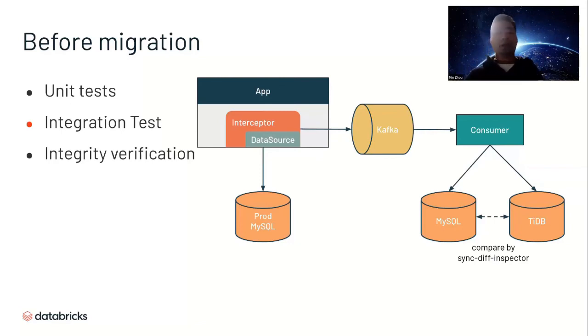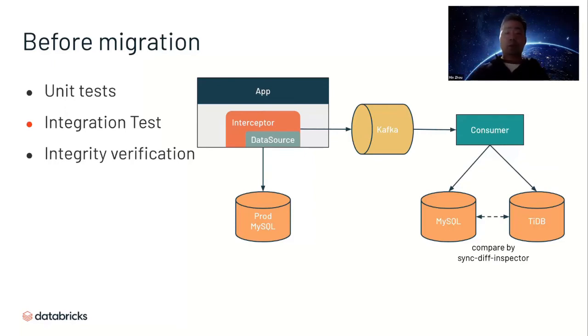In addition to that, we add an interceptor layer, a wrapper, to our data access layer. That's the data source on the right side of the diagram. This interceptor will replay the SQL traffic and write it into Kafka.